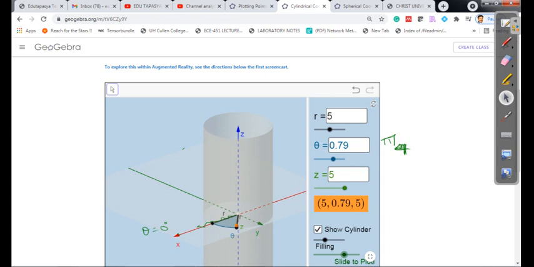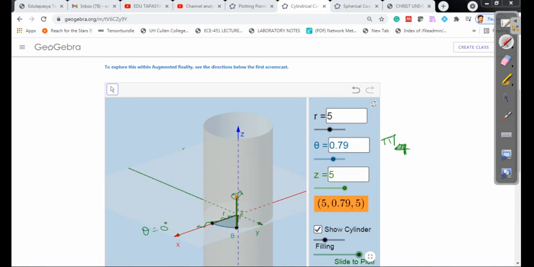Once it reaches 45 degrees, it will go vertically 5 units. So this point corresponds to 5 comma pi by 4 comma 5. Likewise, you can plot any point on this cylindrical coordinate system.